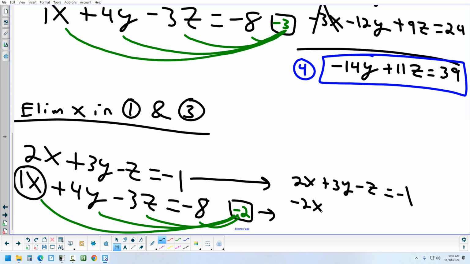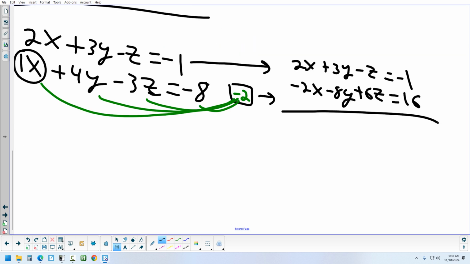What's -2 times 4y? Minus 8y. And -2 times 3z is what? Positive 6z. And -8 times -2? 16.